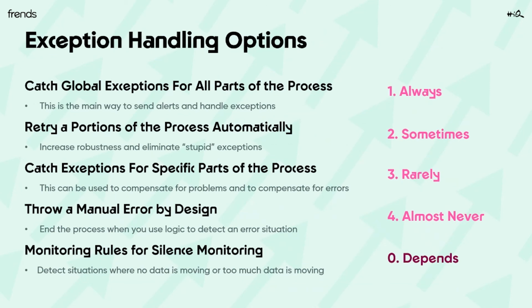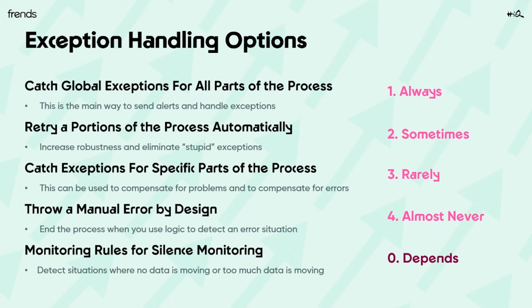And lastly but not leastly, some best practices regarding the exception handling options that we've covered in the webinar today. The global exception handler for unhandled exceptions should probably be present in most of your integrations, if not always.